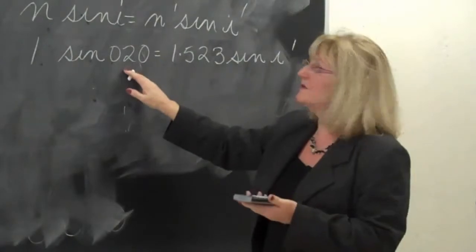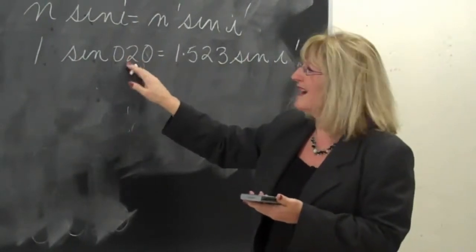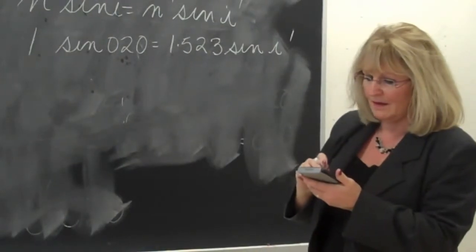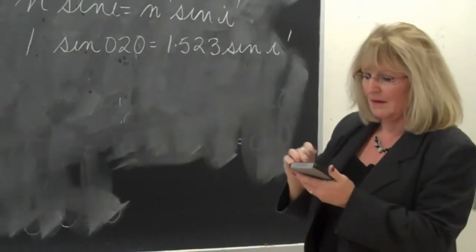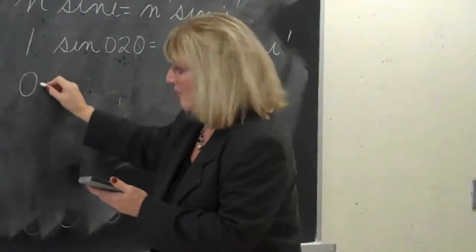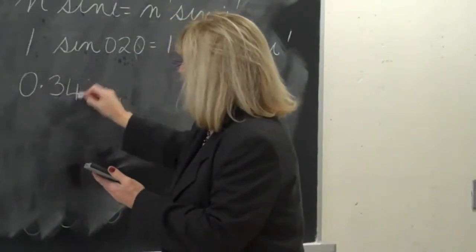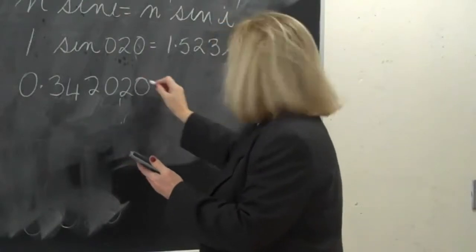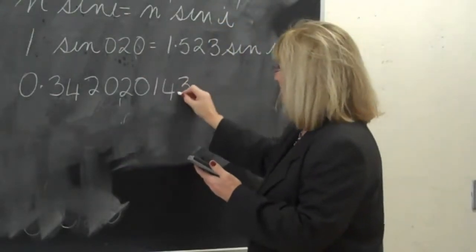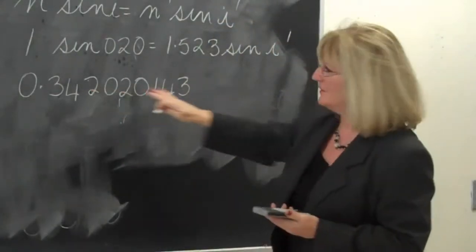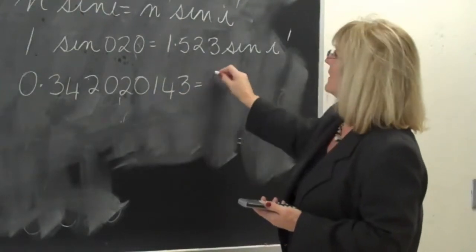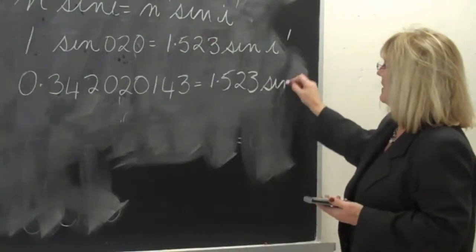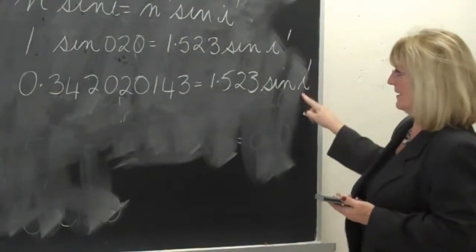So we're exactly where we were when we had the single example of Snell's law. So the first thing we have to do is sine of 20 times the refractive index, which is equal to 0.342020143. Again, you must keep all your decimal places in there, equaling 1.523 sine I primed.